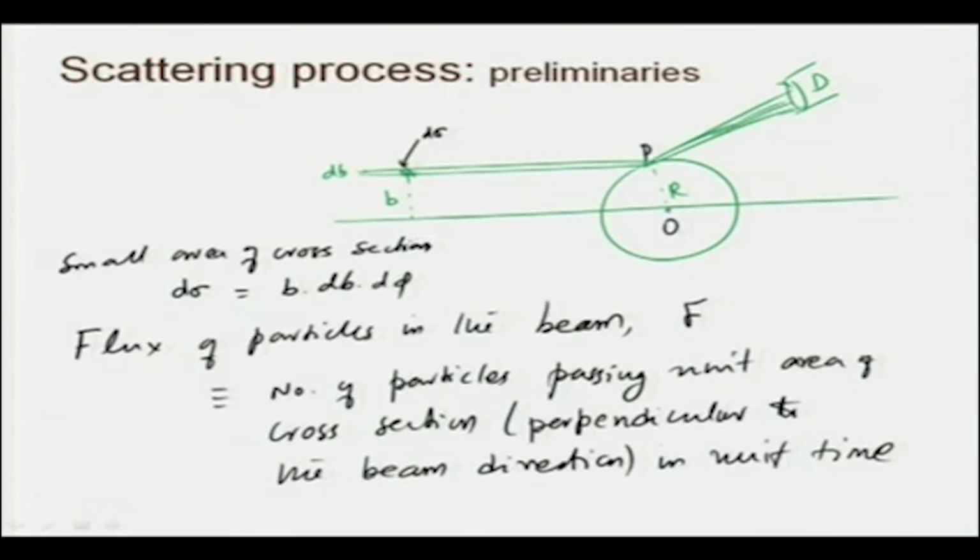The way we have discussed it, it is from the point P, but in a practical case the detector is kept far away from the scattering center, far away in the sense of a large distance compared to the size of the sphere itself.